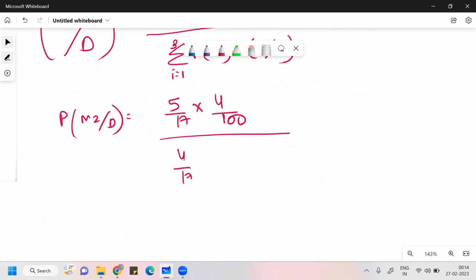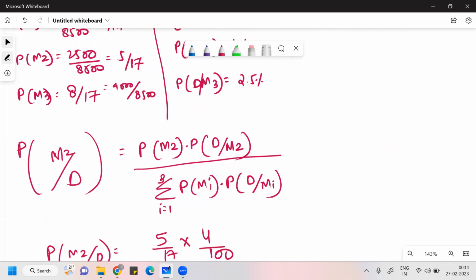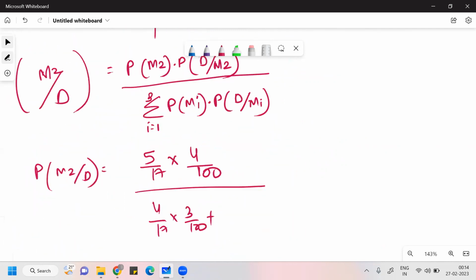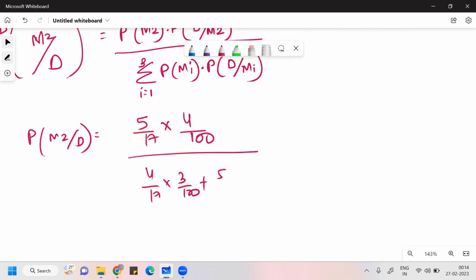First is 4 by 17 into 3 by 100. Then the second one is the same thing, 5 by 17 into 4 by 100, plus the last one, 2.5%, that is 8 by 17 into 2.5%.